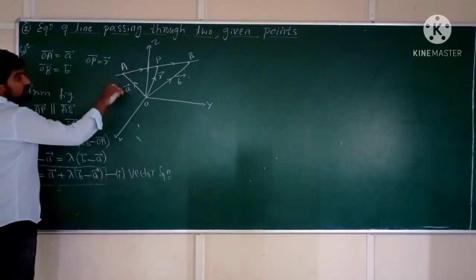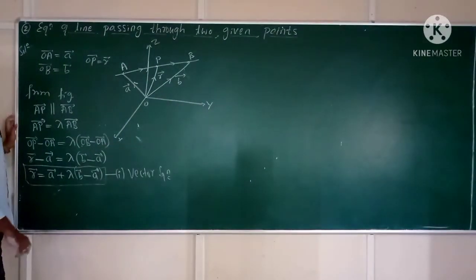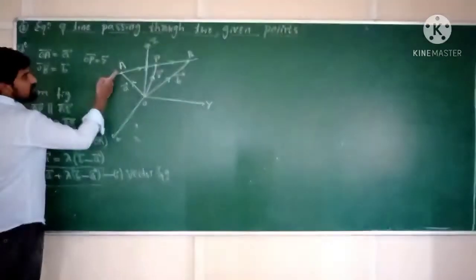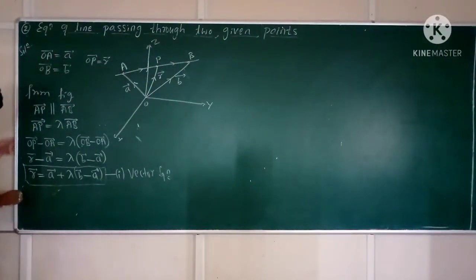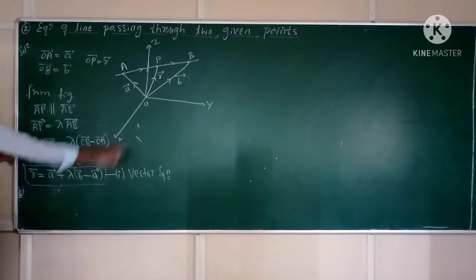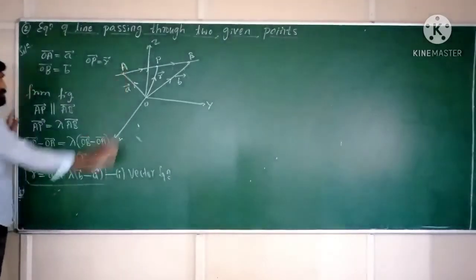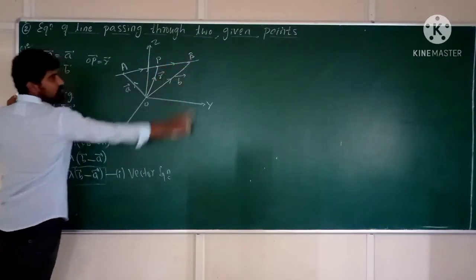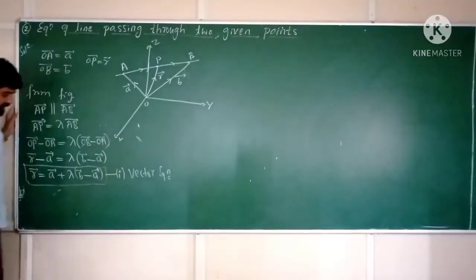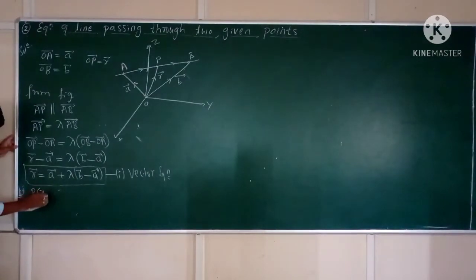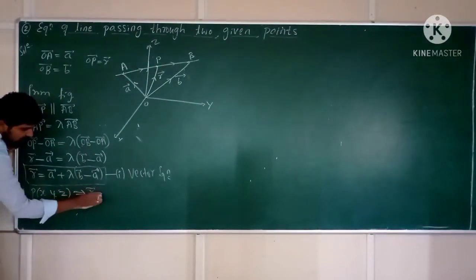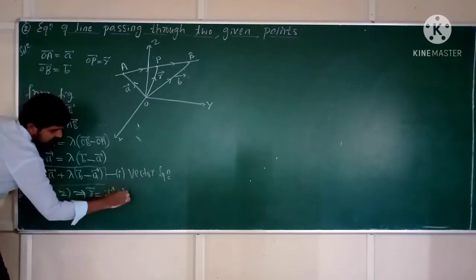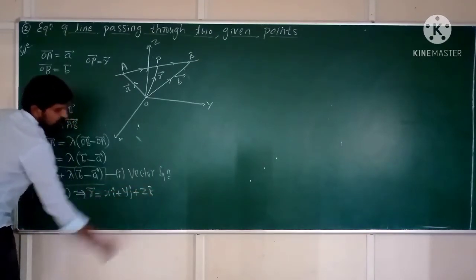Now, for the Cartesian equation of line passing through 2 points, we need to write the Cartesian coordinates of the points A and B. Let the Cartesian coordinates of the point A be x1, y1, z1, B be x2, y2, z2, and P be x, y, z. Point P is x, y, z, which implies that position vector of the point P is OP vector, which is equal to R vector. Therefore, R vector is equal to xi plus yj plus zk.